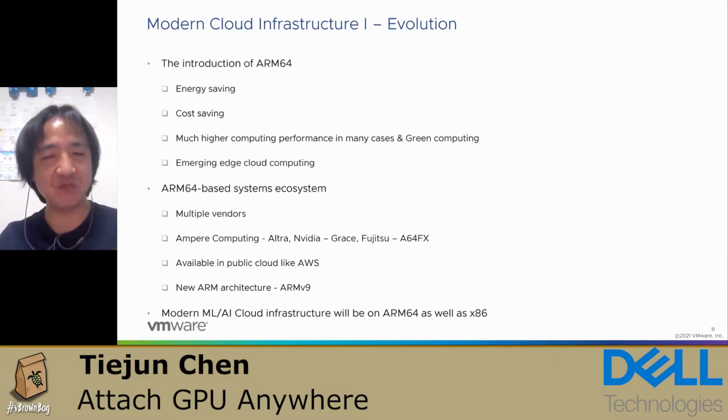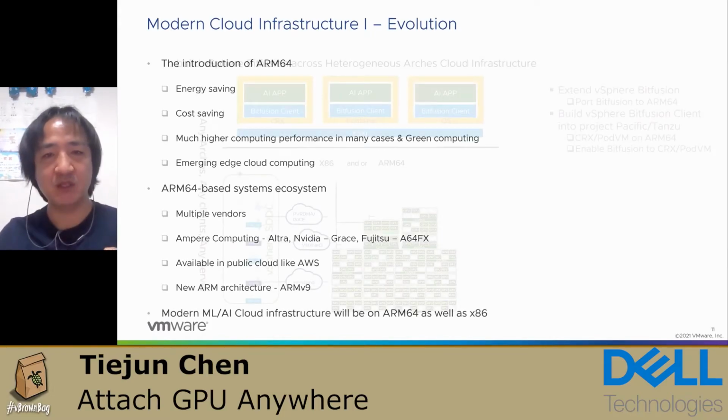About 50% of Amazon EC2 instance additions in 2020 are based on Amazon Graviton2. So here I want to say, modern cloud infrastructure, especially modern AI machine learning cloud infrastructure, will be on ARM64 as well as x86. They can coexist if necessary.